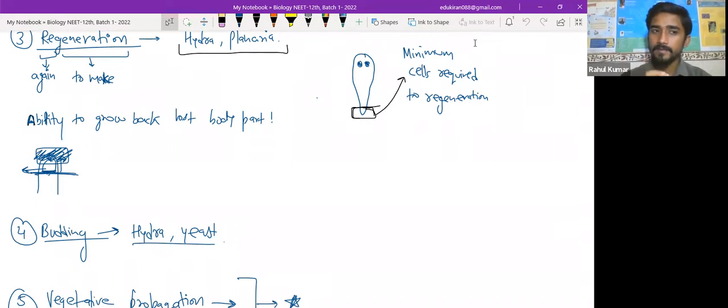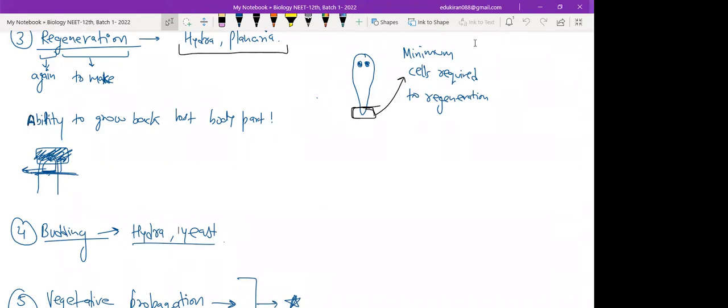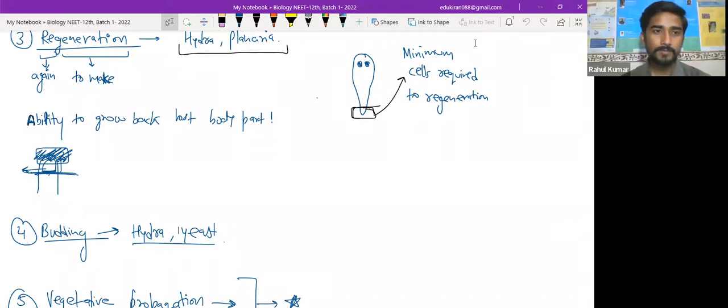In Hydra, regeneration is a type of asexual reproduction. But in a lizard or in a human, it is not a type of reproduction. Remember, Minashi? Can you tell me why? Why in Hydra it's a type of reproduction? Because the whole organism can be regenerated back from any lost part, right?